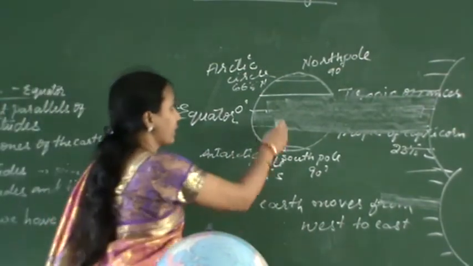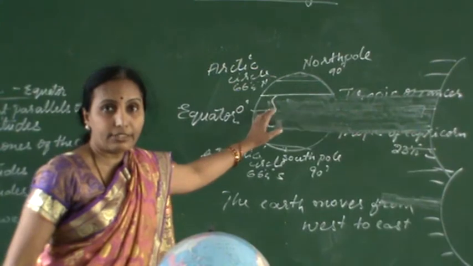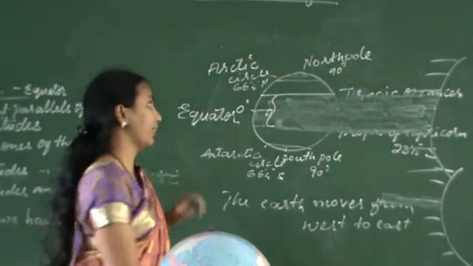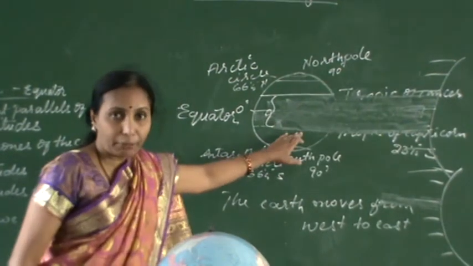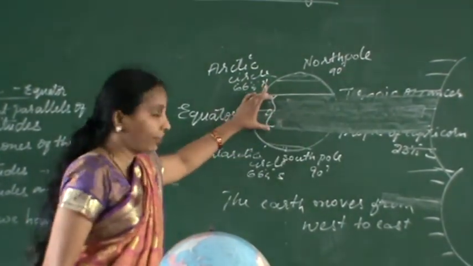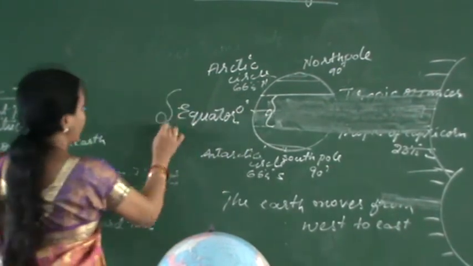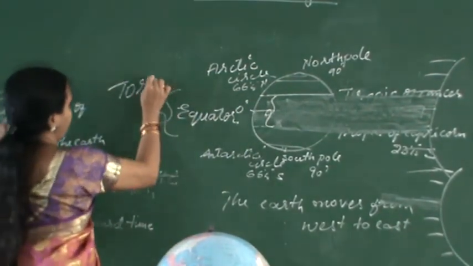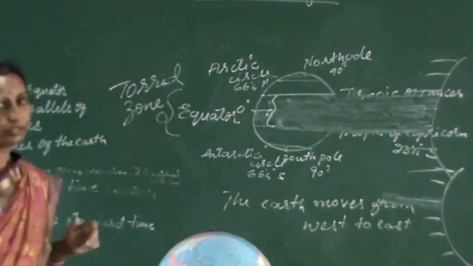This area receives maximum heat. The area between the Tropic of Cancer and Tropic of Capricorn receives maximum heat temperature. This area is called the torrid zone.